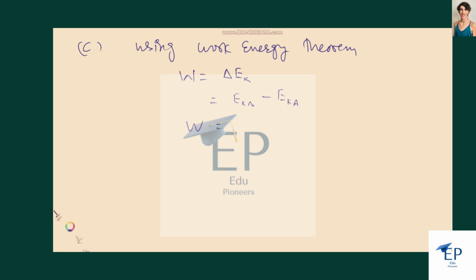So work done will be 7.50 minus 1.20 joules, and it is calculated to be equal to 6.30 joules, and that is ignoring the frictional forces. Answer for the third part of this given problem here.